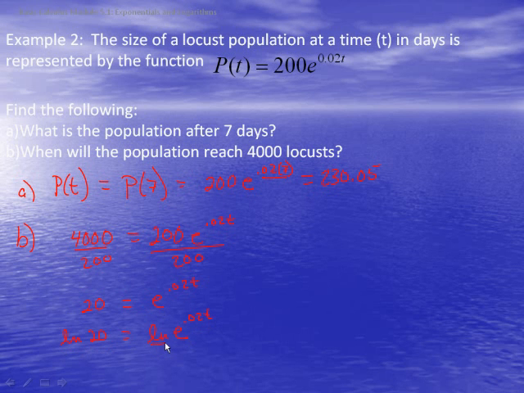Now, I did the natural log on purpose because natural log is the same as log base e, and log base e of e will just simply cancel itself out and give us this number. So we are left with the natural log of 20 is equal to 0.02t, and divide both sides by 0.02. Nifty little trick there.